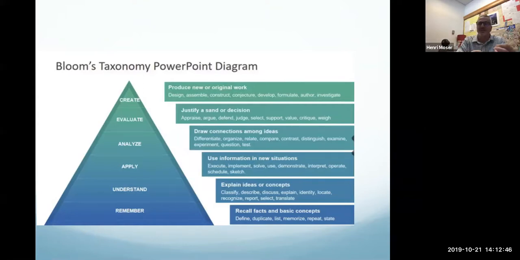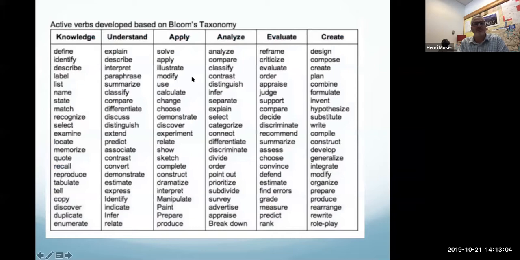You're studying the pieces to understand the larger concept. And we've got evaluate, justify a decision, you're going to judge, you're going to critique, and then ultimately creation, we all understand what that is. So here is a big list that I'll give you guys with the PowerPoint of these different verbs to use, all the different little verbs within these sections.